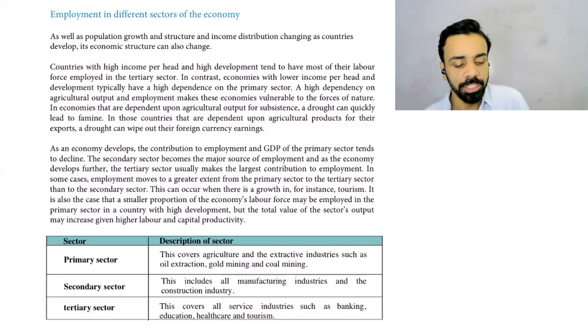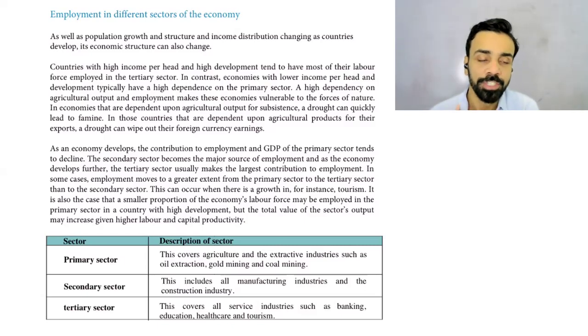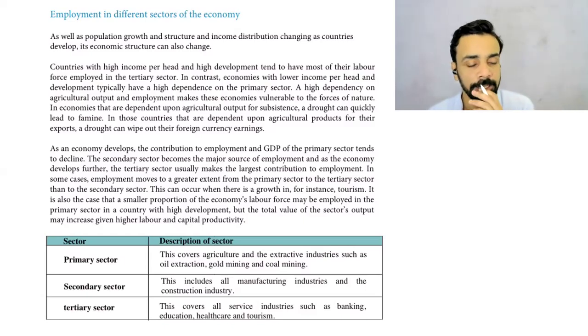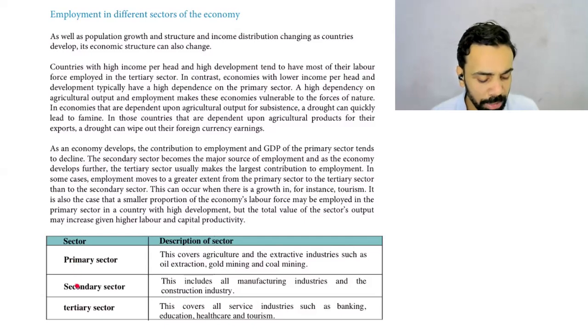The main discussion that happens is when a country is transitioning from a developing economy to a developed economy, what is happening? Normally what we see is that there's a movement from primary to secondary and then secondary to tertiary. There is a possibility that countries might jump from primary to not so much in secondary, but a lot into tertiary.